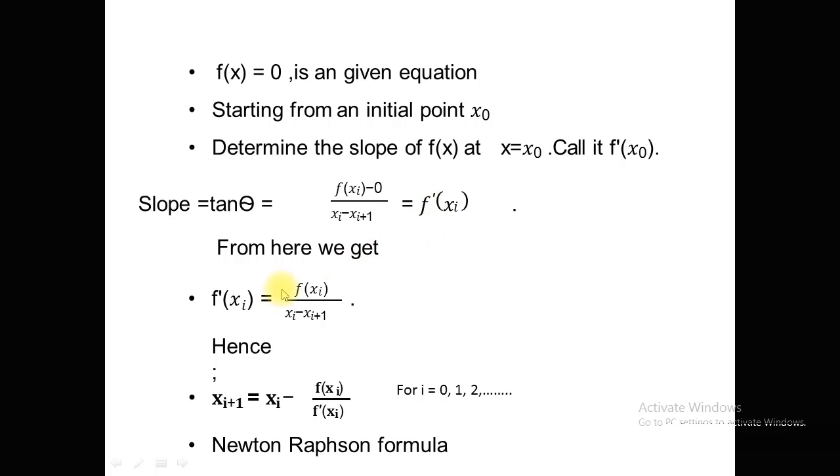So f dash of xi is equal to f of xi divided by xi minus xi plus 1, and hence after simplification we get xi plus 1 is equal to xi minus f of xi divided by f dash of xi. This is the Newton-Raphson formula for the approximate root of a nonlinear equation, where i is equal to 0, 1, 2, up to n iterations.